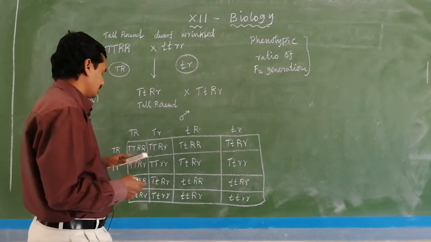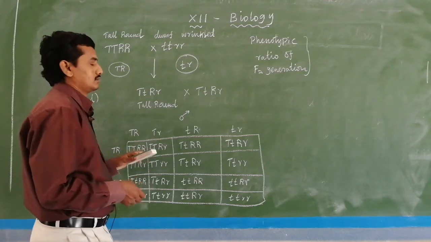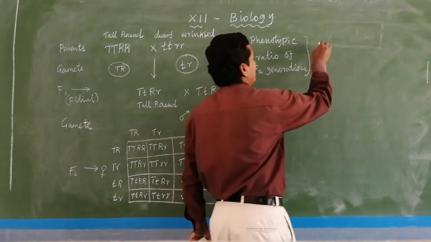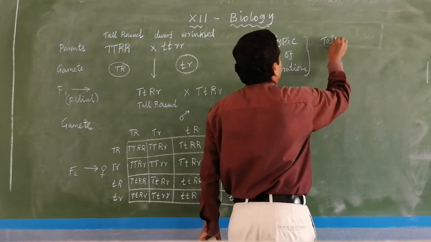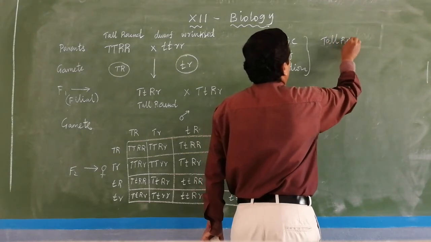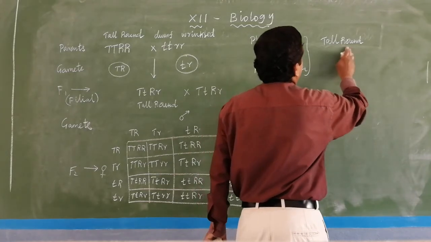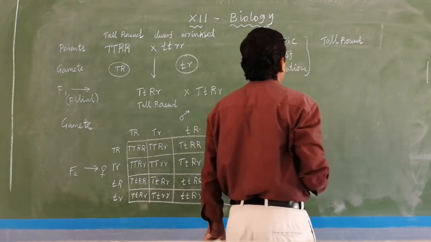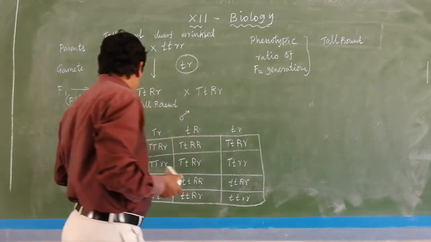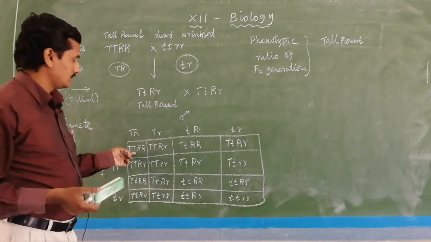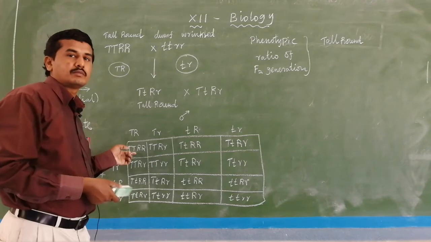Okay, listen. What is this? Tall, round. So first we take tall round as a phenotypic character. Tall round means what? This is actually a tall round. How many tall round are present in the 16 boxes?